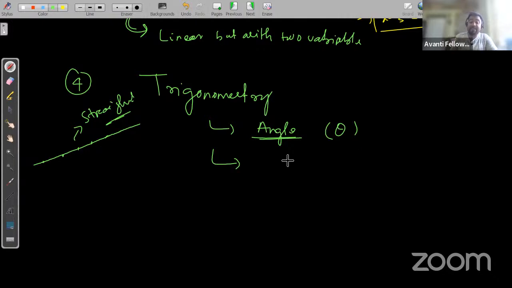Someone is saying, sir, it is made by two rays. Any other views or definitions you can give? You can share with me in the chat box, guys.